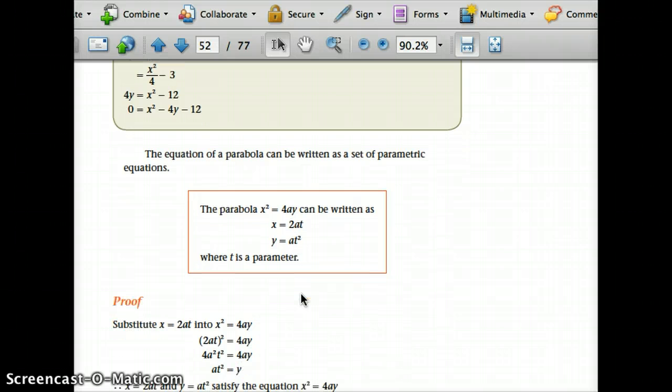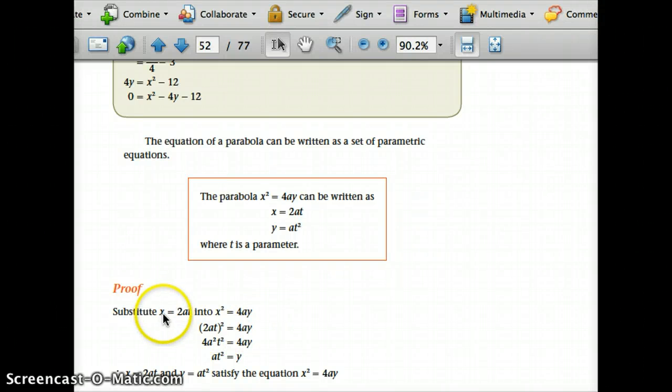Here's what we do for parabolas. For parabolas, we specifically choose these parameters in terms of t. We specifically choose for a parabola x equals 2at and y equals at squared. We specifically choose them because they both work. If you have a look at the proof, when you substitute x equals 2at in, we end up with y equals at squared.